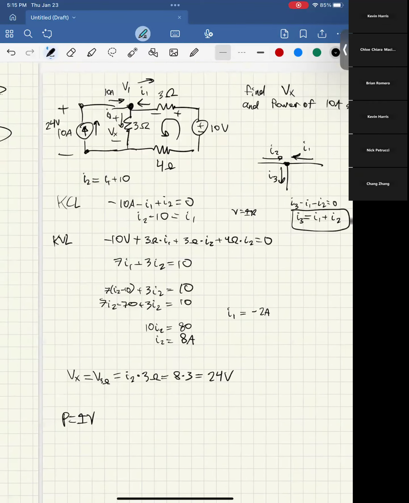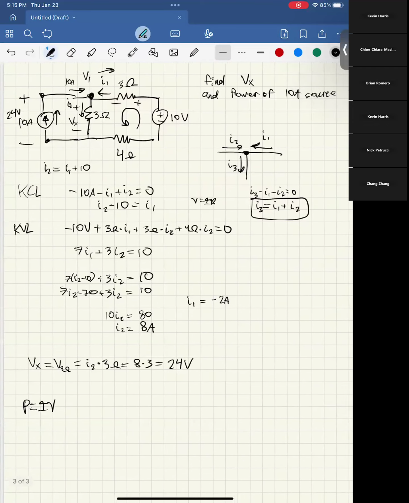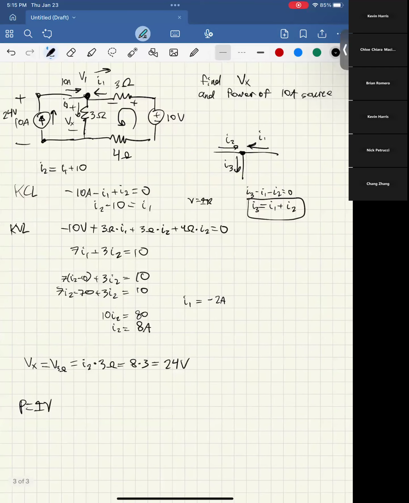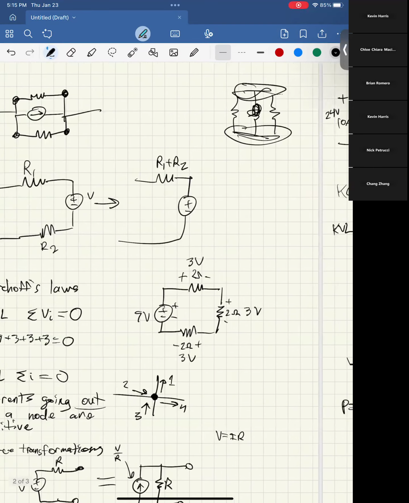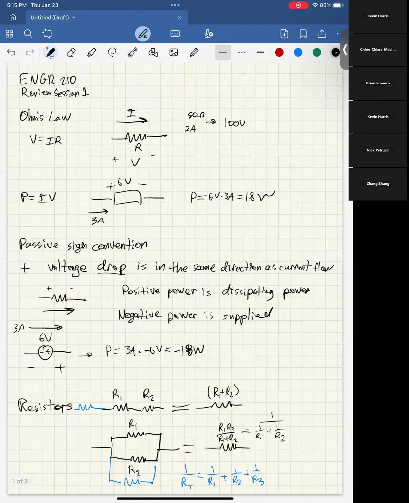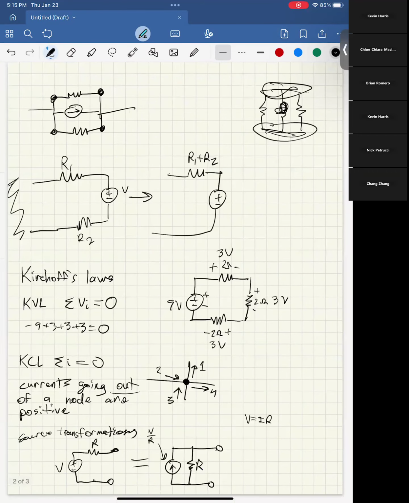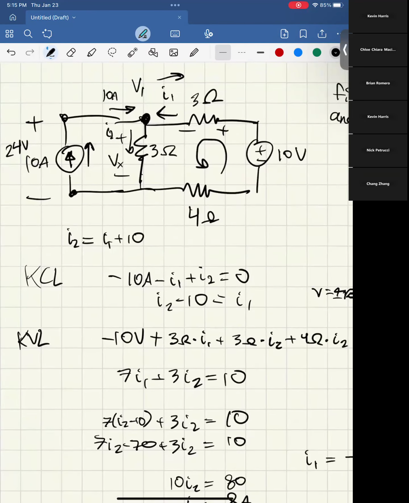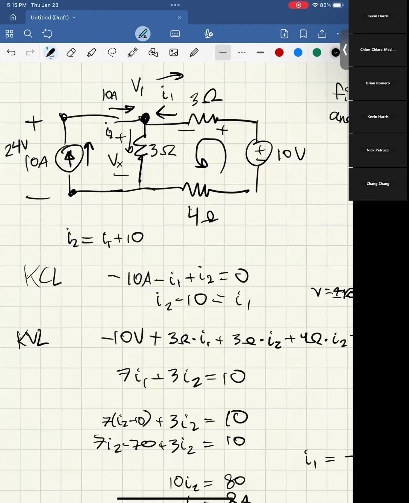So going back to passive sign convention, if we want to figure out the power of this 10 amp source, it's going to be the current times the voltage. And here, what sign are we going to give this voltage? If we go back to what I said earlier, it's positive if the voltage drop is in the same direction as current flow. Here, the voltage drop is from top to bottom, but the current's going from bottom to top.